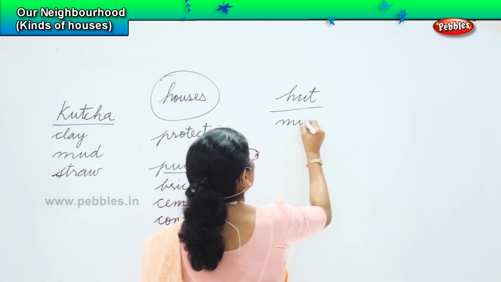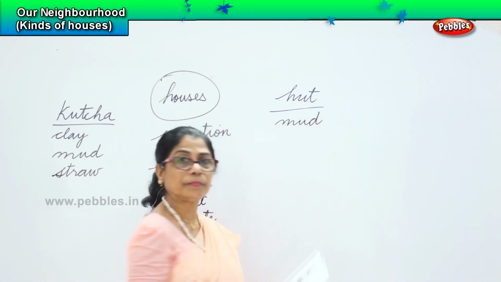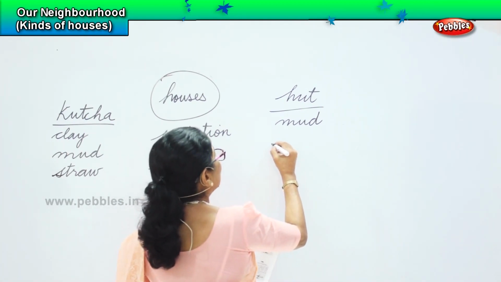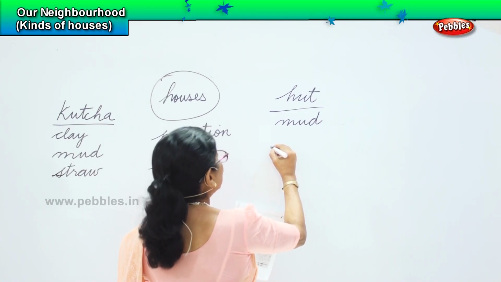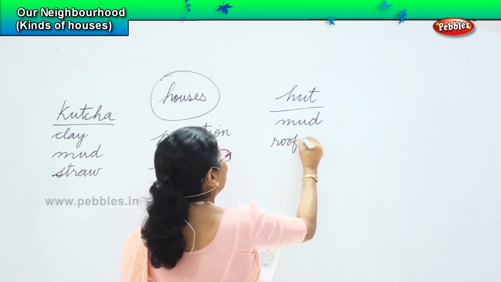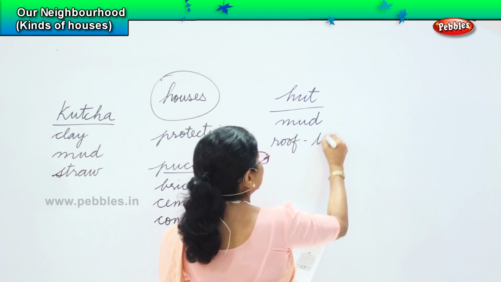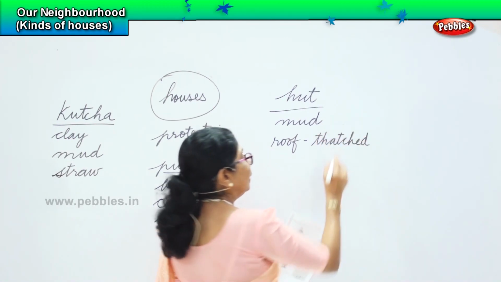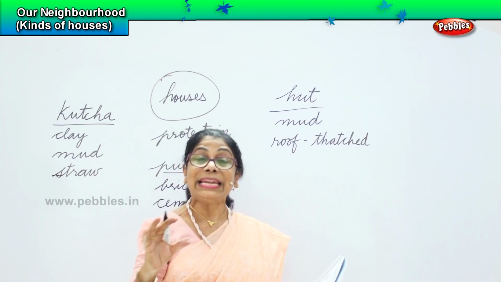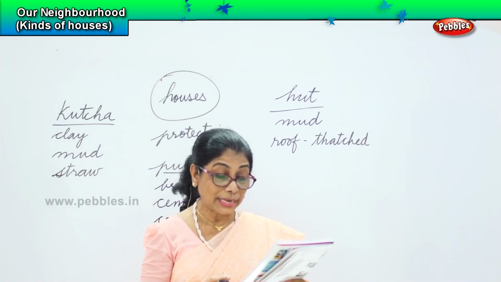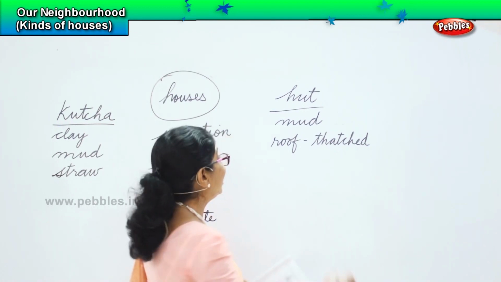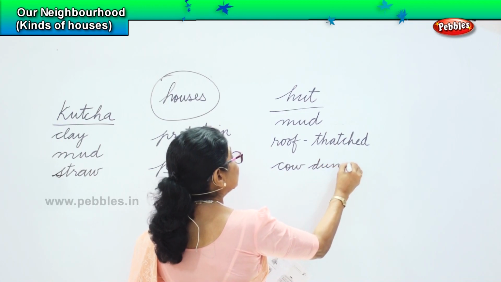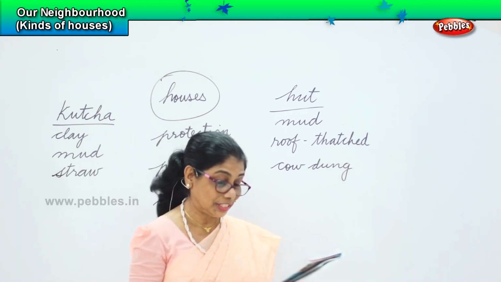Most part will be mud. What about the roof? The roof will be thatched. When you say thatched roof, they use coconut leaves or palm leaves to thatch it. And for the floors, they use cow dung. So that is a hut.